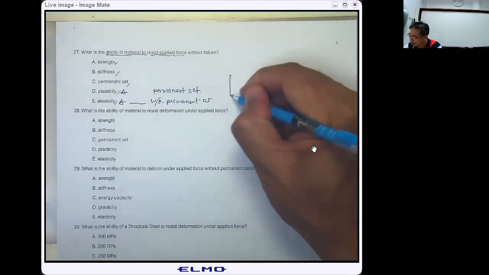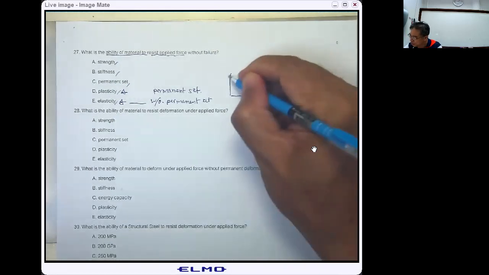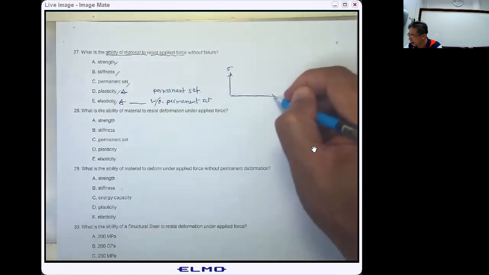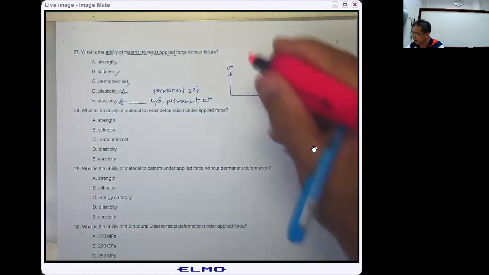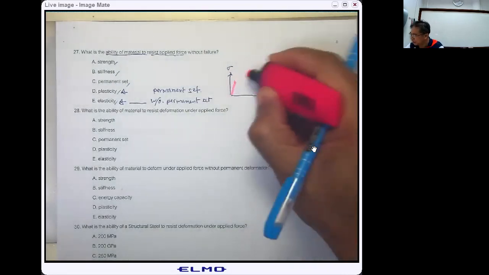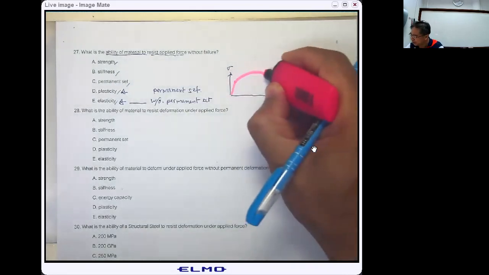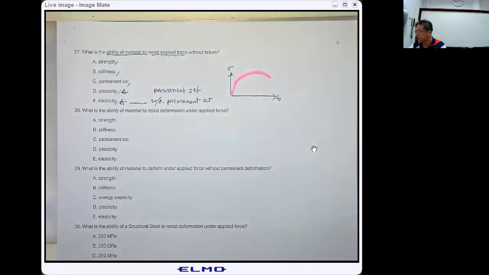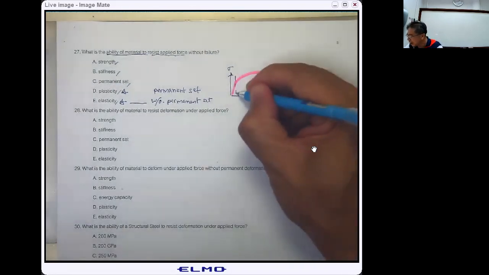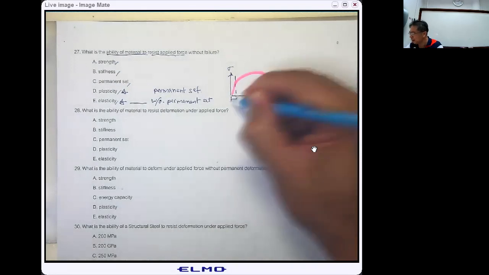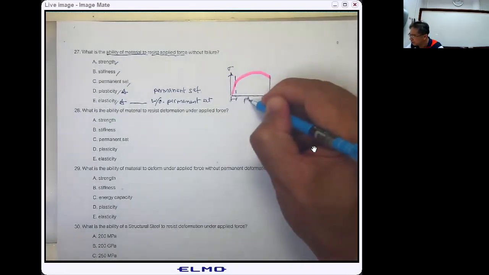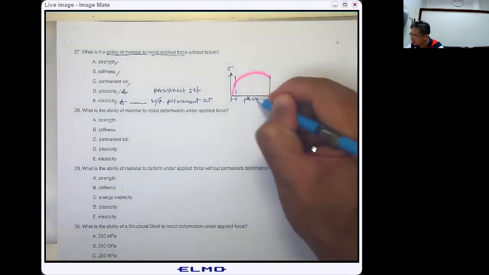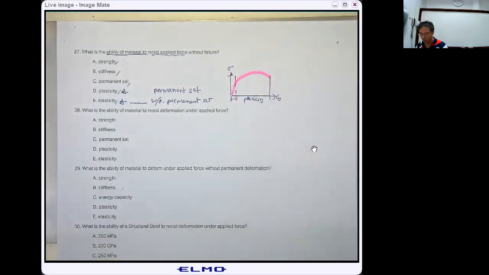For example, with the material stress and strain, one has the graph that has this property and then has this property. Okay, we measure the elasticity of the material over here. We measure the plasticity of the material over here.